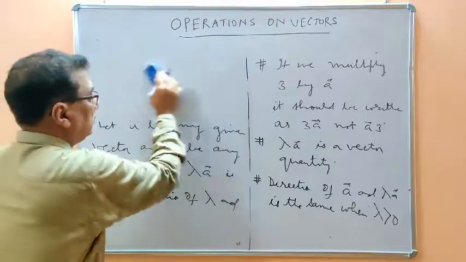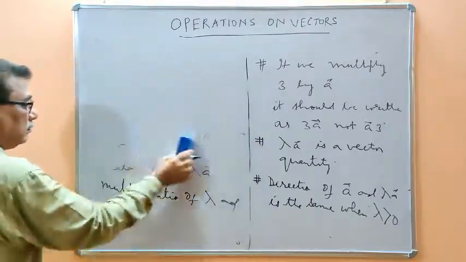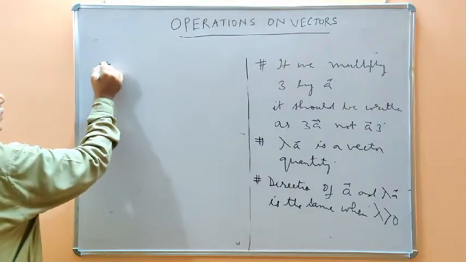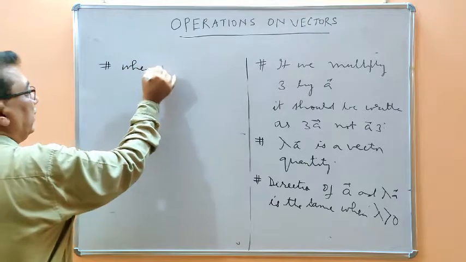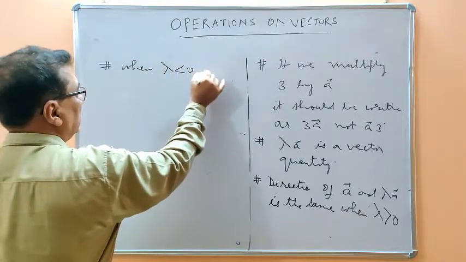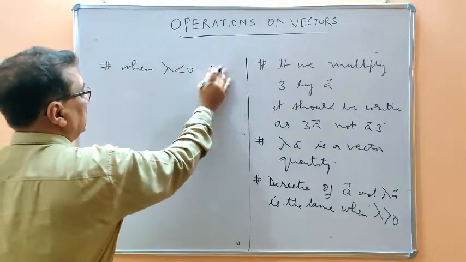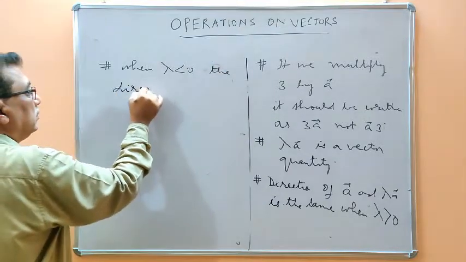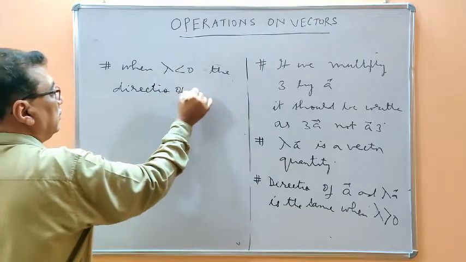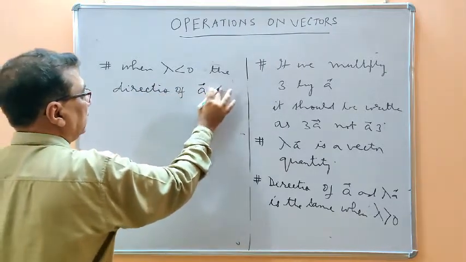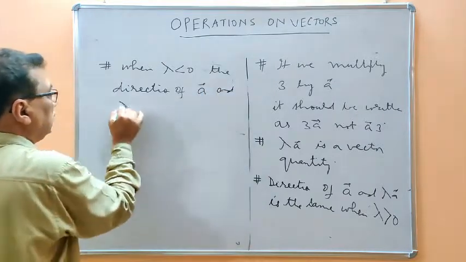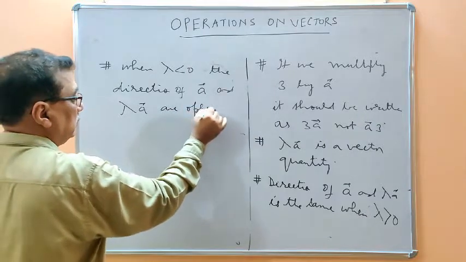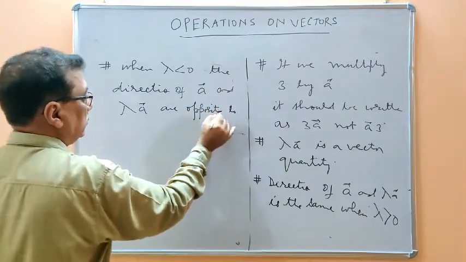Third, when lambda is less than 0, the directions of A and lambda A are opposite to each other.